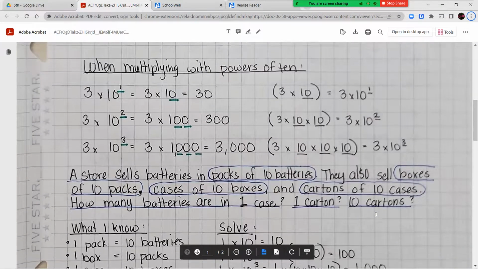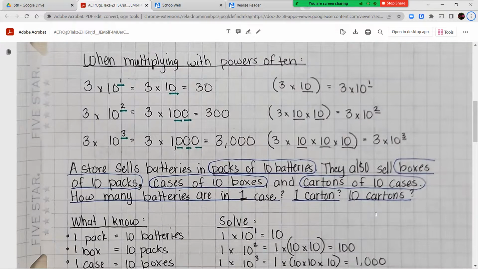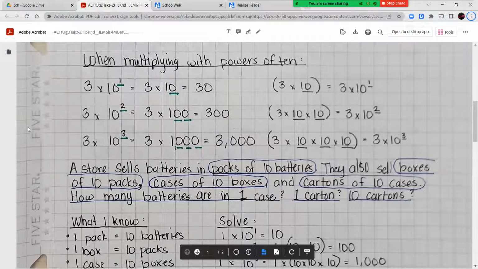Now, our focus for this lesson is multiplying using powers of 10 specifically. So that's where we're going to focus. So 3 times 10 to the first power is just 3 times 10. So that 1 over here tells you how many zeros you've got.